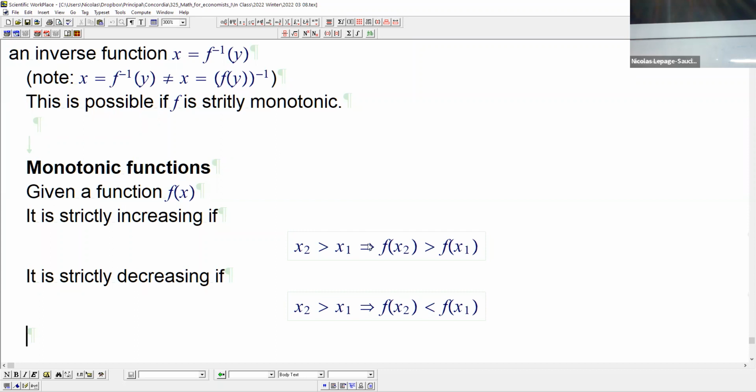So just to be sure I understand what you're saying, I should write it this way: if x2 is smaller, then this is greater. But these are equivalent. You had a question?